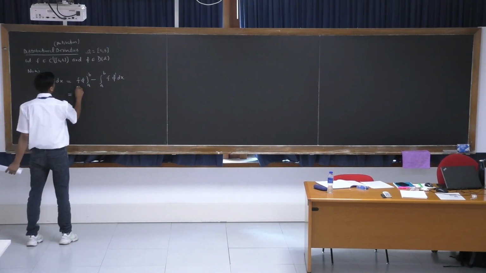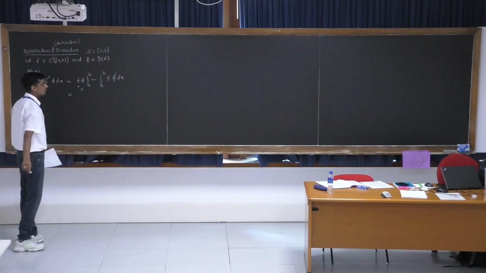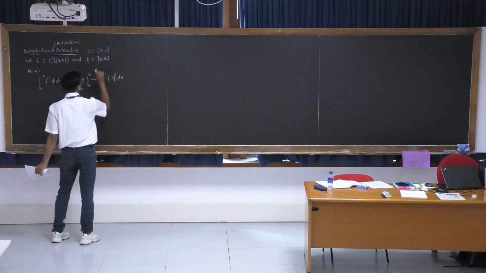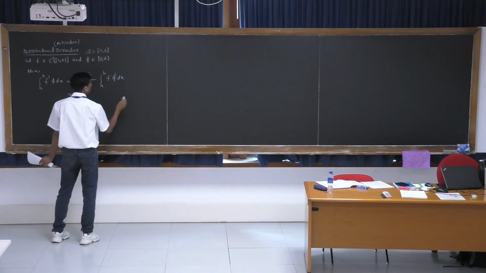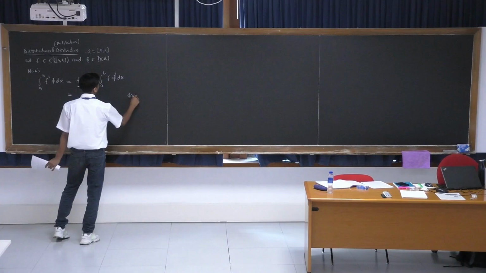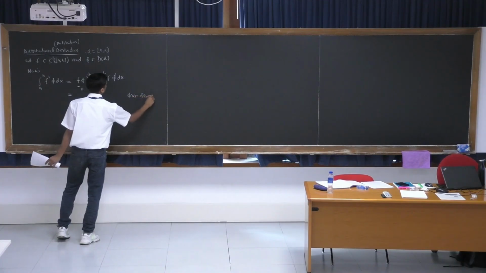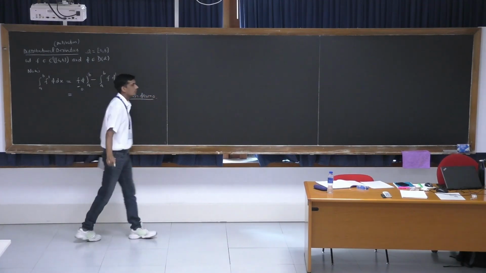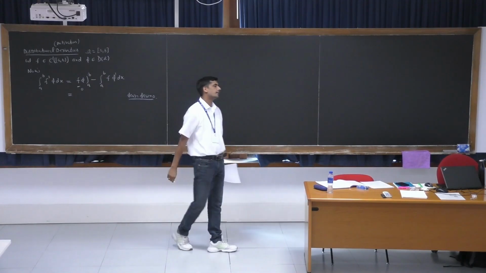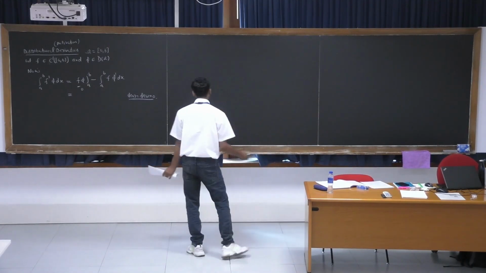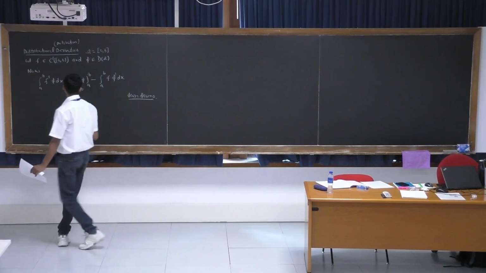The boundary term becomes 0 because phi belongs to D of omega, so phi of a and phi of b become 0, due to the C-infinity functions having compact support. So this term becomes 0.